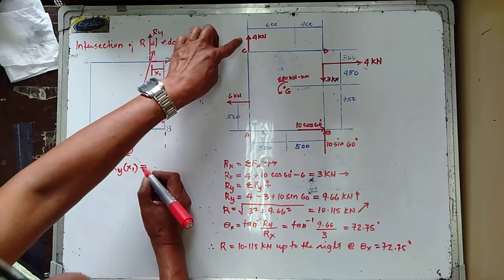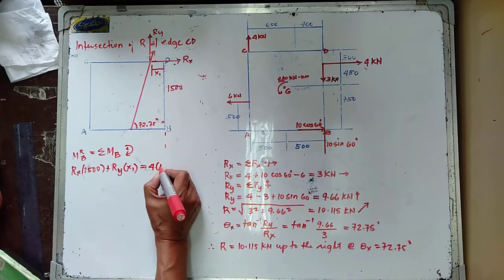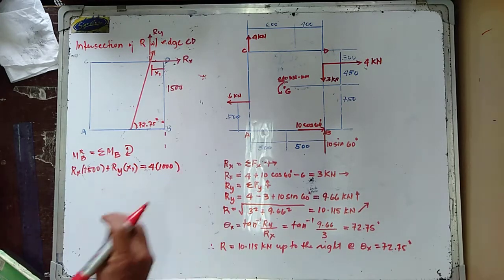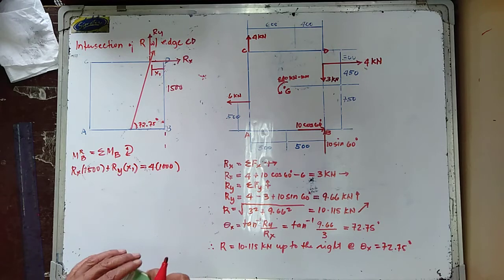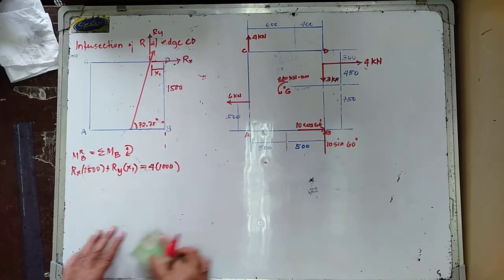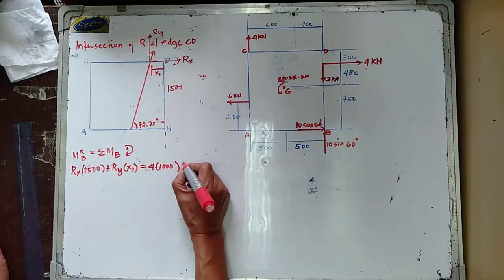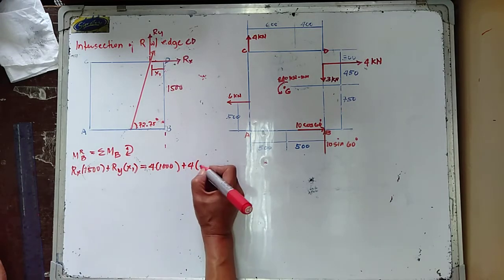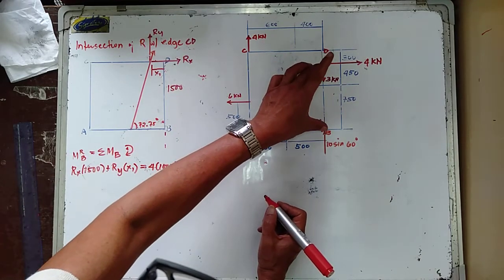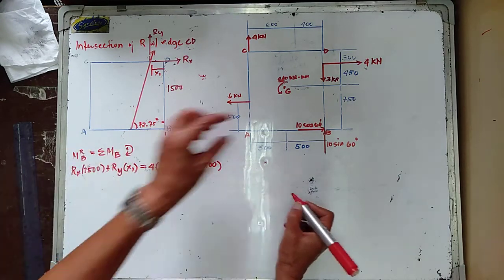So this is equal to 4 about point B clockwise, 4 multiply this one by 1,000. Now we have the other force in here, this 4. So we have plus 4 multiply this one by 450 plus 750, which is 1,200 millimeter.